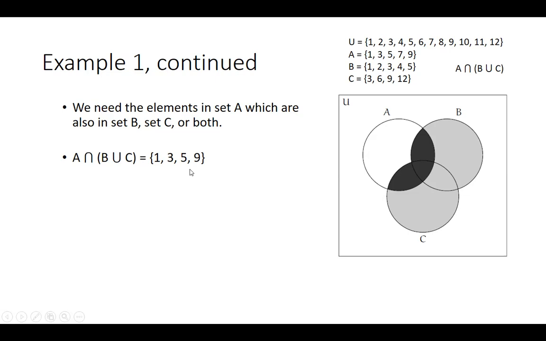Remember, we don't repeat elements. Once it's in, it's in. But the 9 is new. So the set 1, 3, 5, 9 would be in this darker area where A overlaps with B, A overlaps with C, and A overlaps with B and C.